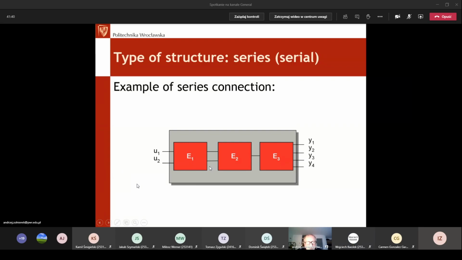For example, when the system E, or subsystem or element, anyway, would have three outputs, and the structure would look like that, I mean that the third output of E1 would be taken as the second input of E3, and now we do not consider such a possibility because in this case, as you can see on the screen, we can straightforwardly apply matrix description in order to achieve the final model.